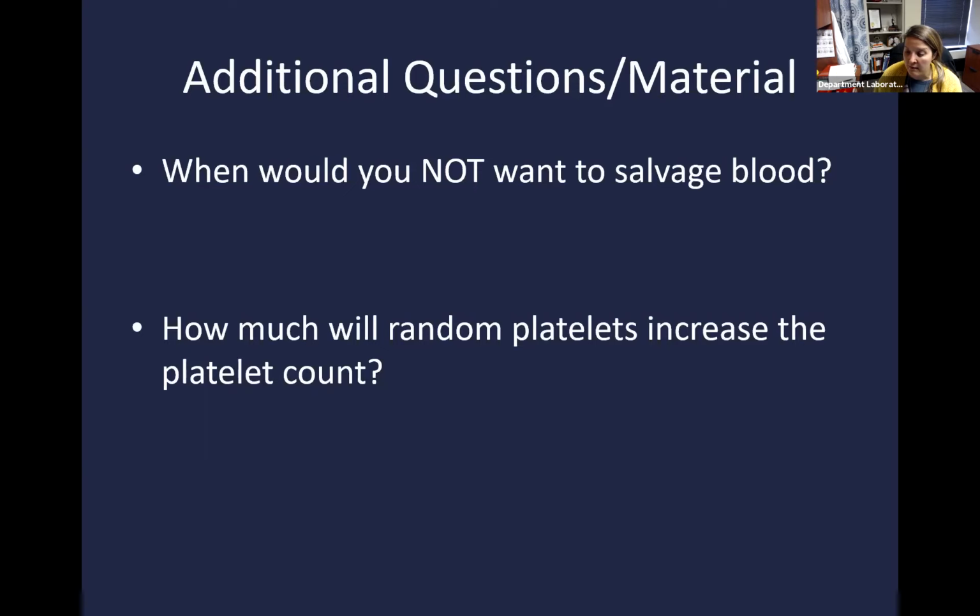Remember, a very big advantage of cell saver is that it prevents the recipient from being exposed to multiple donors, and it prevents alloimmunization. You can do a closed system cell saver for Jehovah's Witnesses, because it's against their beliefs to receive other blood products, but they will take cell saver if we can maintain a closed system.